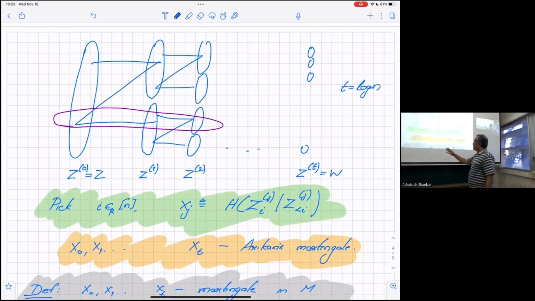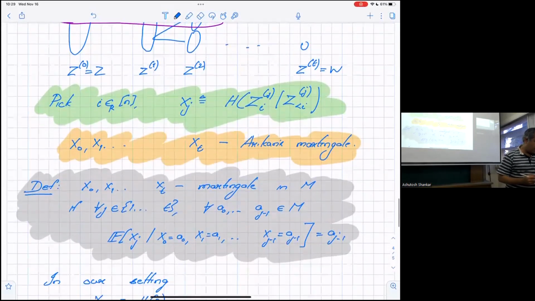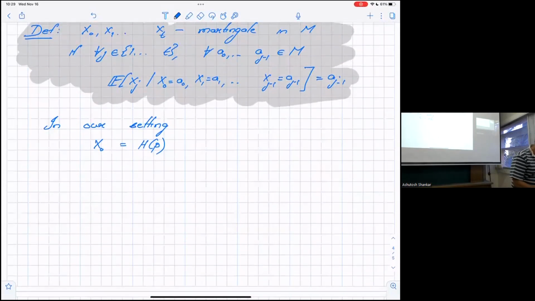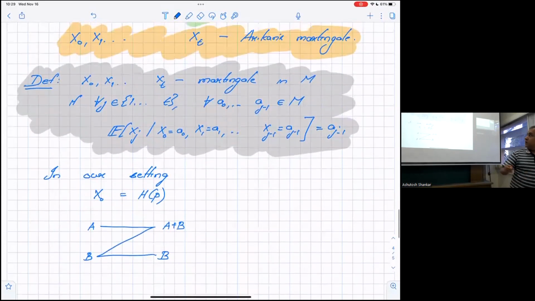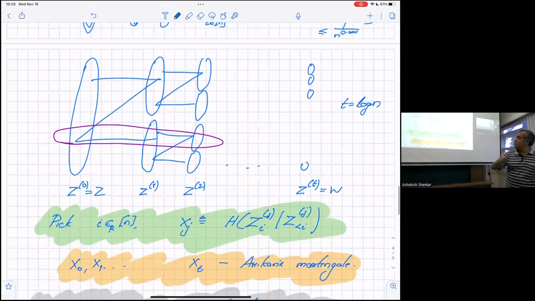Therefore, the expectation on this side will be the same as the expectation on that side. Suppose you have this system: there was an A here and a B here, which got A plus B and B. This is some Z in this whole structure. It could be any particular Z like this, somewhere out there.